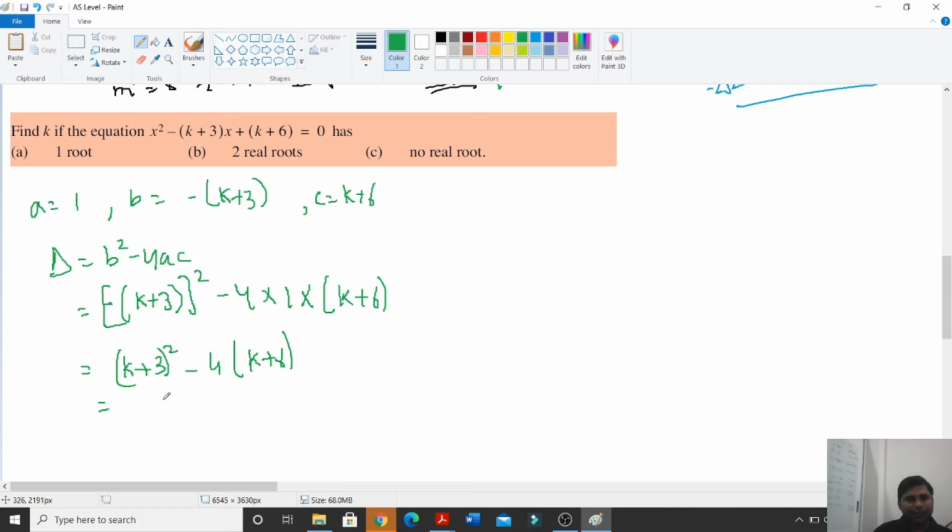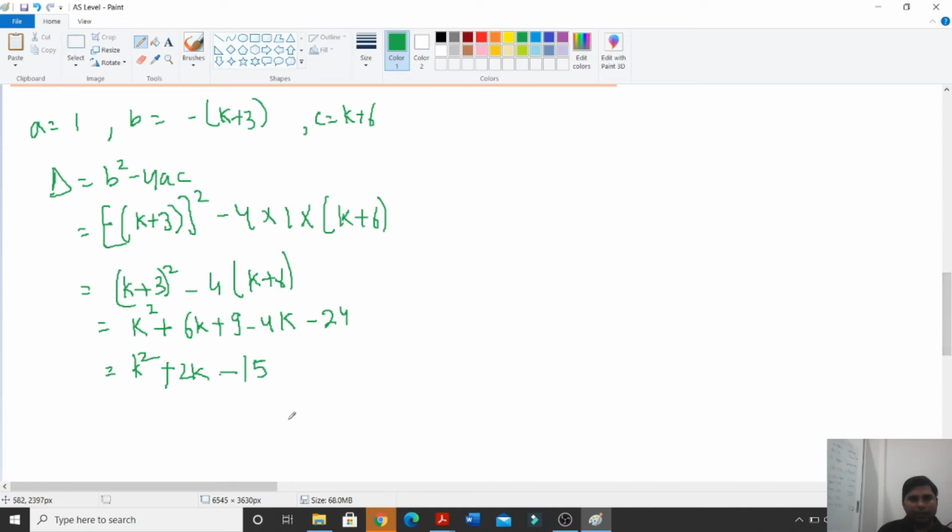We can simplify it further. So we'll get k square plus 6k plus 9 minus 4k minus 24. So you will get k square, 6k minus 4k is plus 2k, and minus 24 plus 9 will give you minus 15.